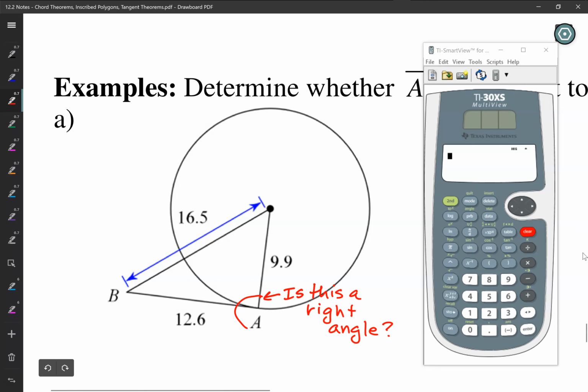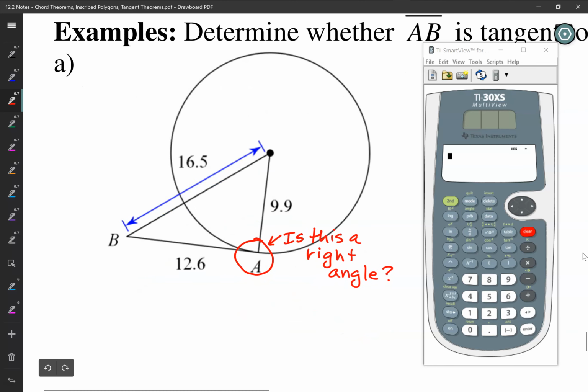In order to figure out whether A is a right angle, we need to figure out, does the Pythagorean theorem work? The Pythagorean theorem says that if I add leg squared plus leg squared, I should get the same thing as hypotenuse squared.